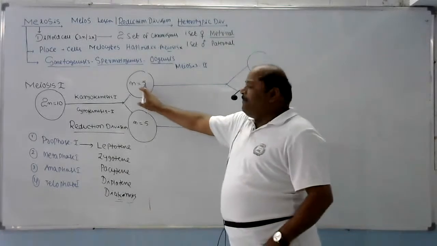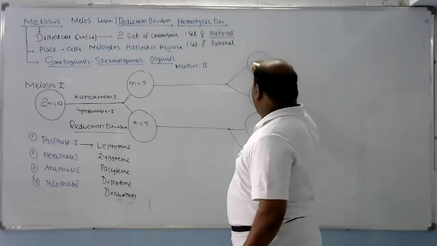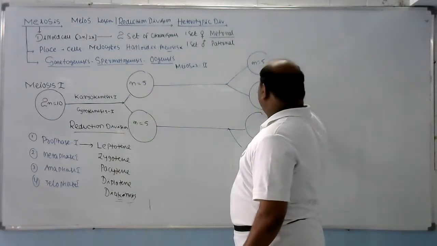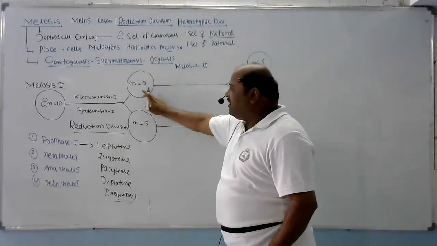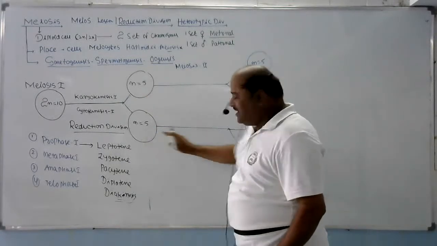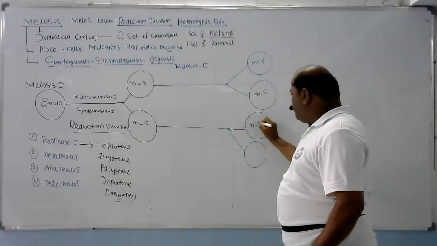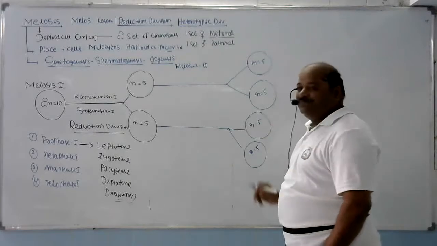Now these are haploid cells, n equals 5. Once divided, these 2 cells have the same chromosome number as in meiosis 1. Here also n equals 5 chromosomes.